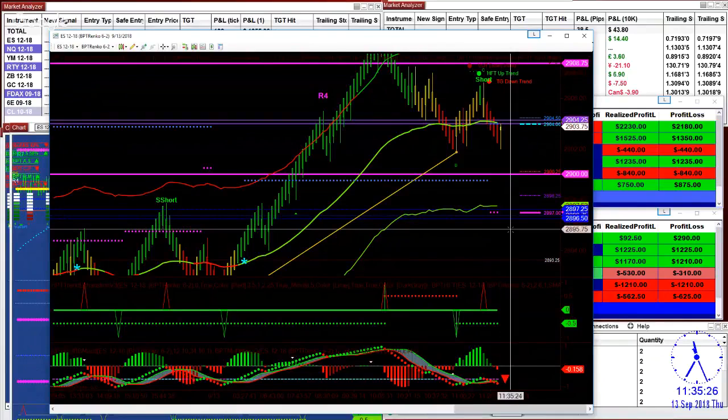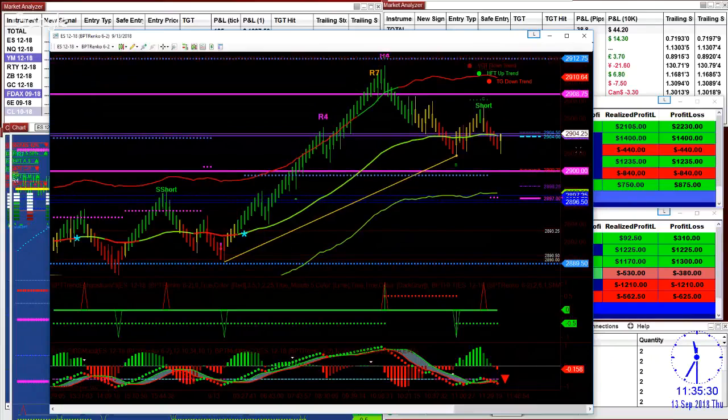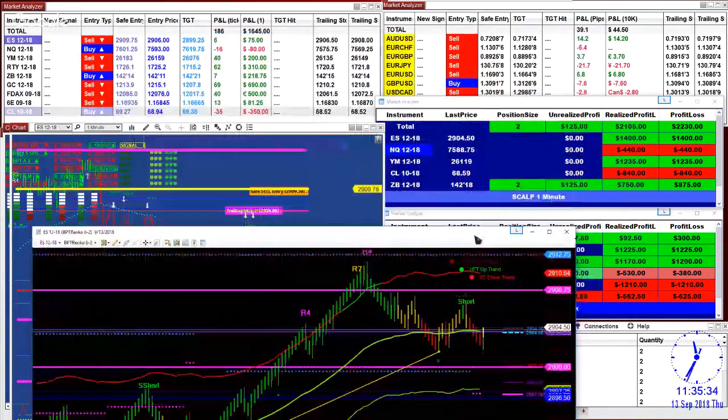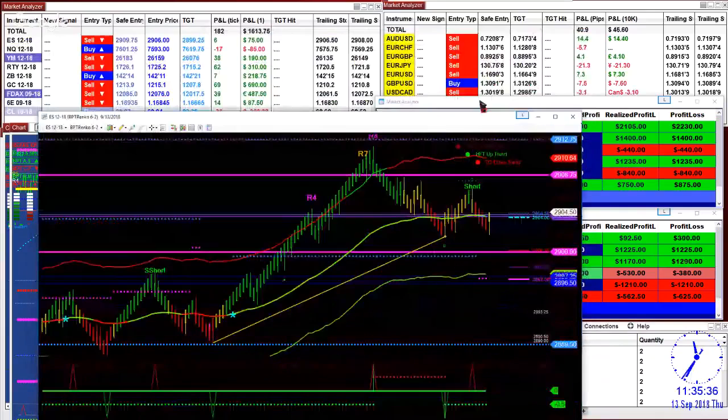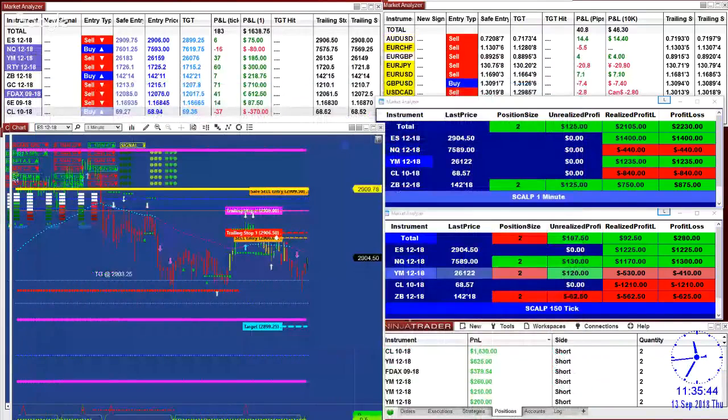Okay, did this market decide to move? Let's see. Well, we're going to stay a little bit longer to see if we are able to get some new signals for you before any targets.